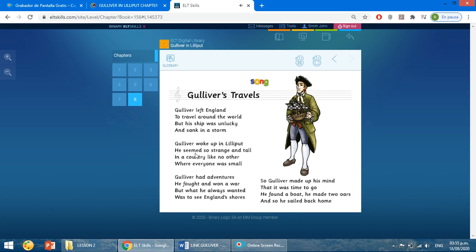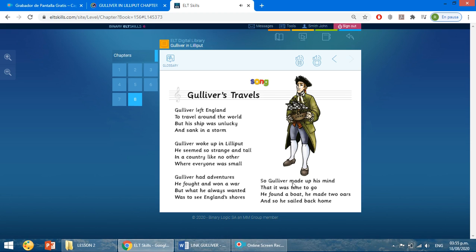He seemed so strange and tall, in a country like no other, where everyone was small. Gulliver had adventures, he fought and won a war, but what he always wanted was to see England's shores.